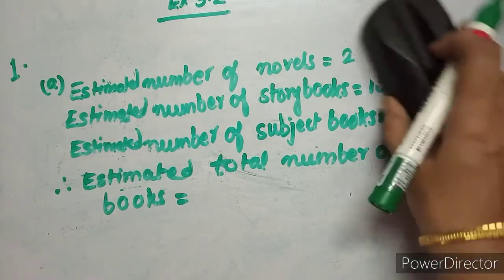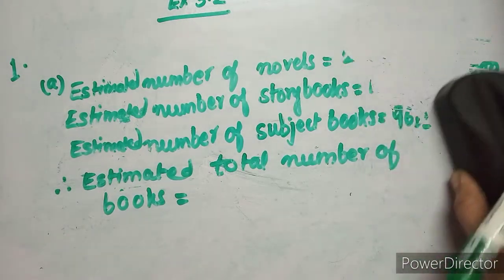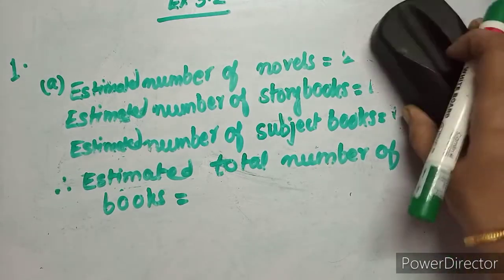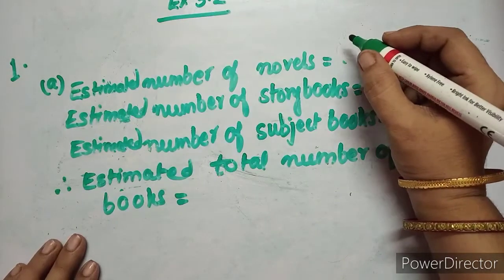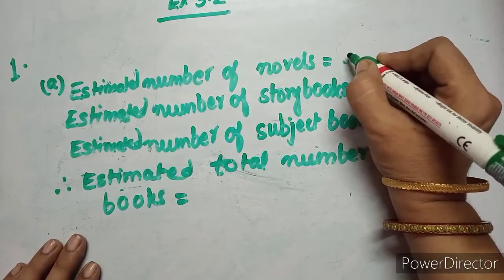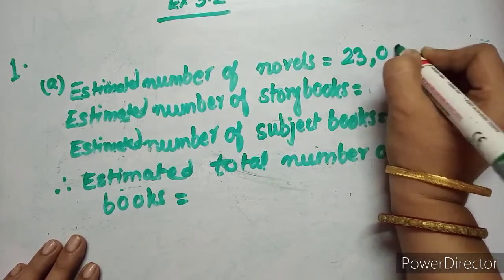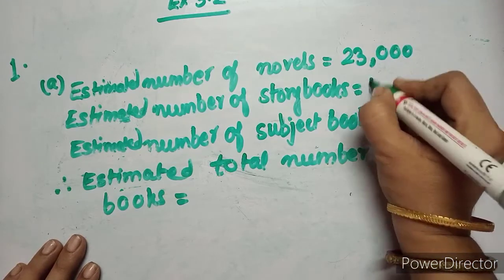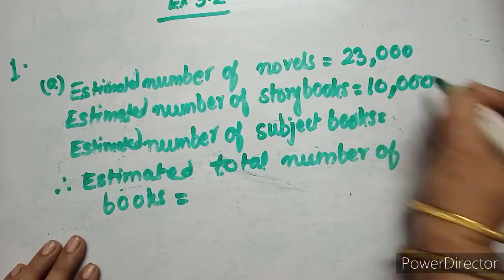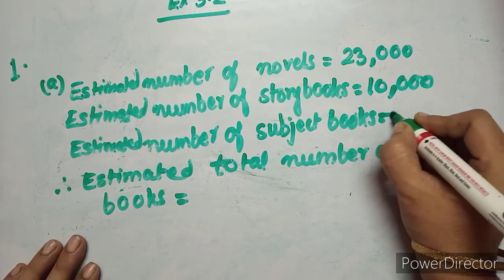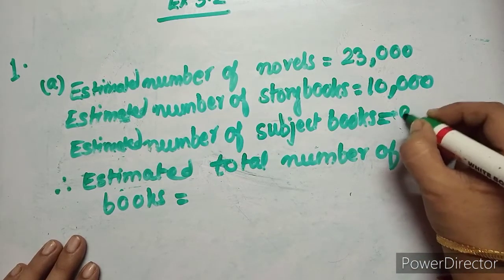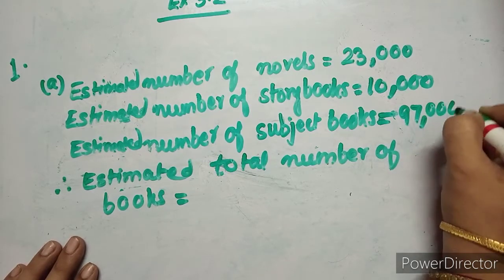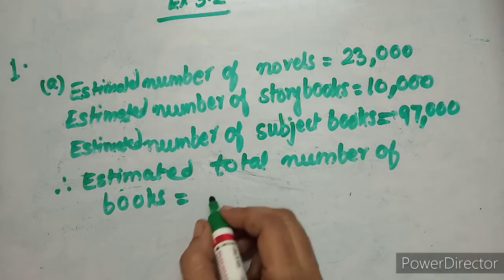ठीक है. सो आपका राउंड अप वैल्यू आ जाएगा 23,000, 10,000 और 97,000. सो मैं यहाँ पे जो वैल्यूज़ है उसको मैं मिटा दे रही हूँ, और देने के बाद आप देखिए मैं कैसे लिखती हूँ. It will be your 23,000. Here it will be 10,000, and here it will be your 97,000. Okay.